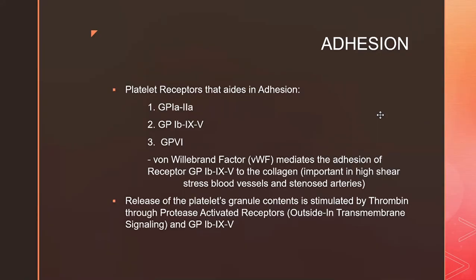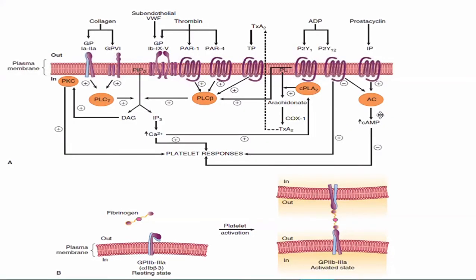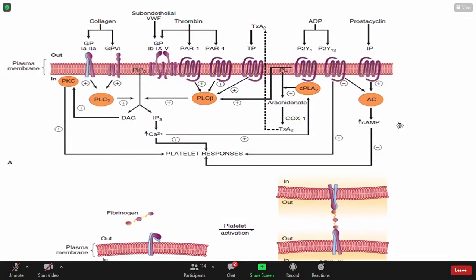So, andito naman, andyan ata yan sa book ninyo. This is the general picture of your platelet plug formation, yung reactions dito. Okay? So your collagen will bind to your 1A, 2A and your glycoprotein 6 and your, well, hindi niya kinabit dito.